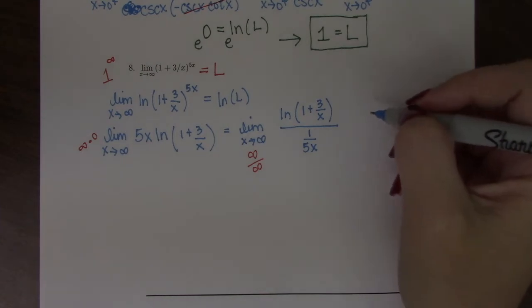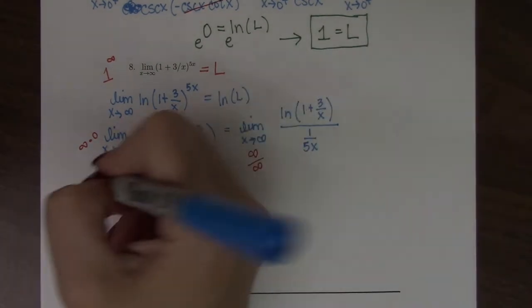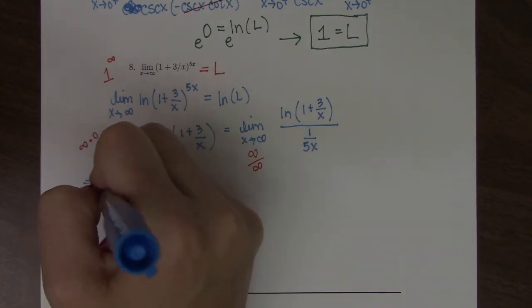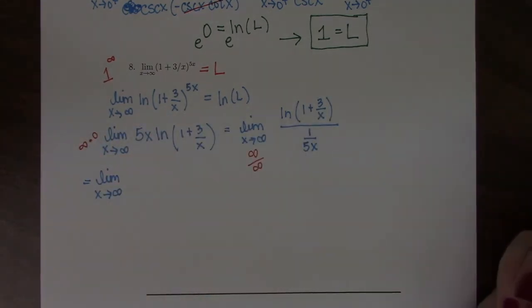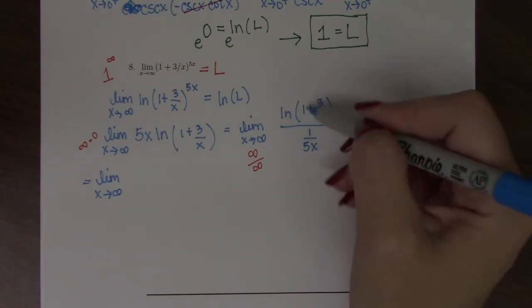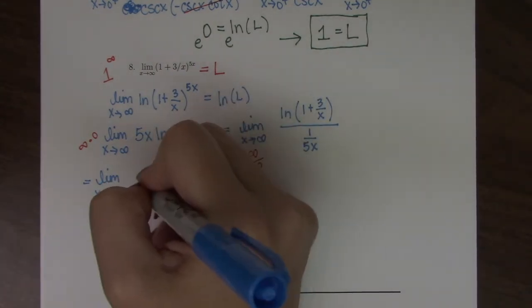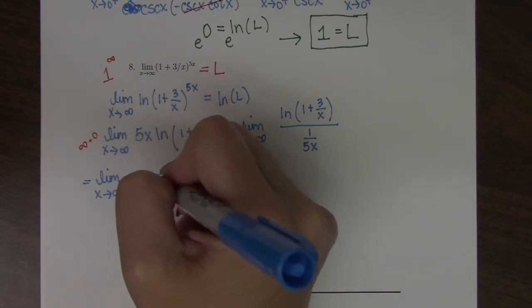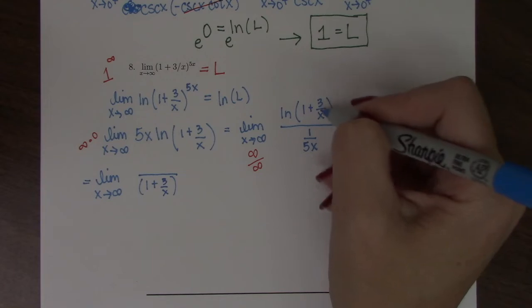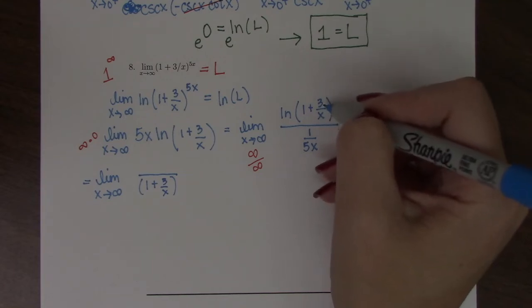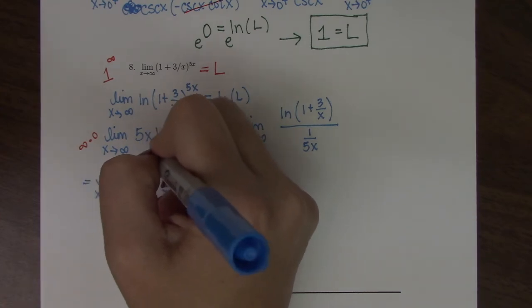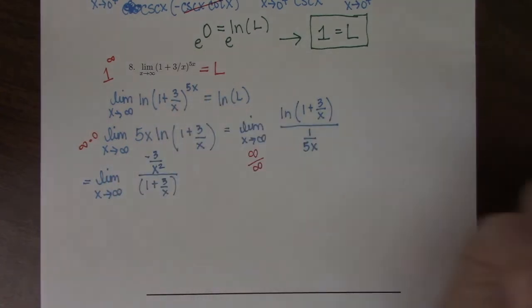So now we're going to take the derivative of this. The derivative of the numerator, because this is a natural log, is 1 over this stuff. So my 1 plus 3 over x is here, and then we multiply that expression by the derivative of the stuff inside. The derivative of 3 over x is negative 3 over x squared.